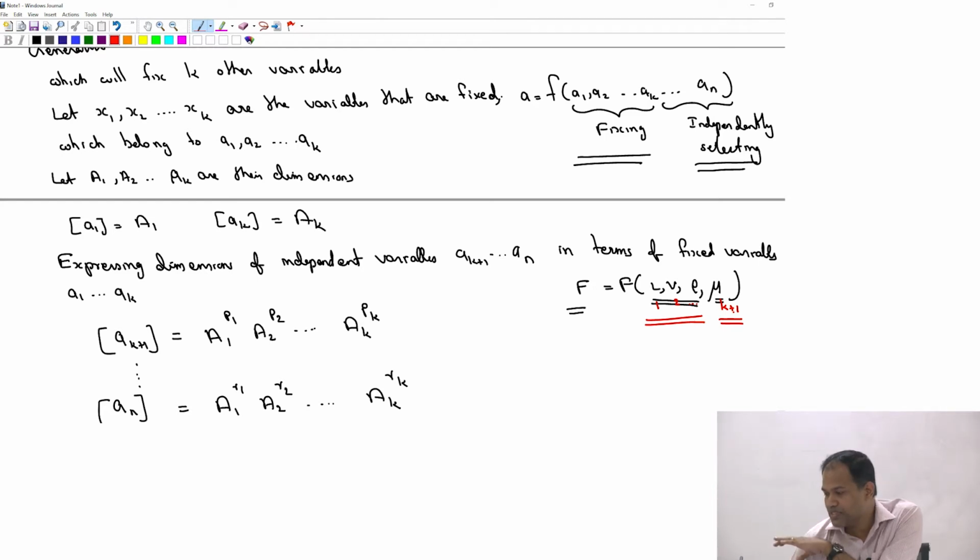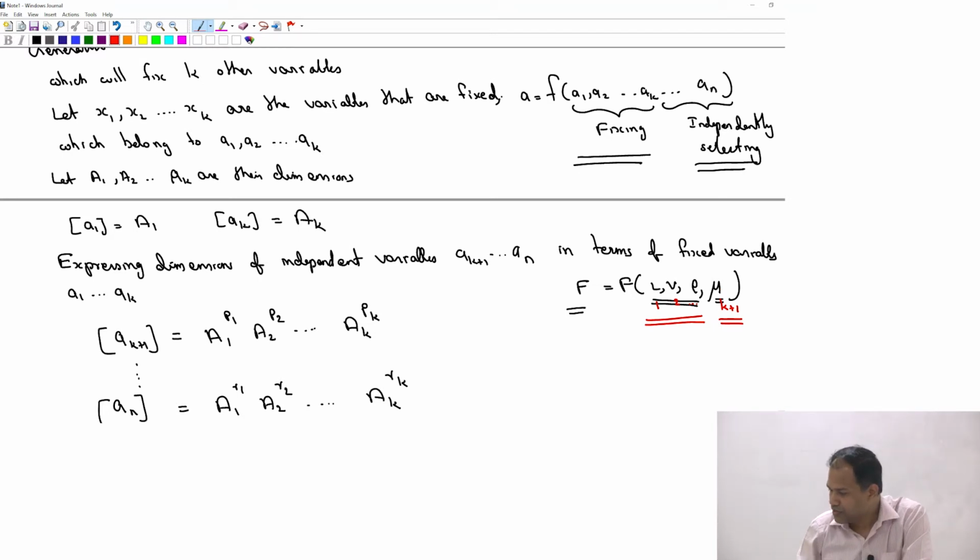Because I can represent the dimension of mu in terms of dimensions of L, V and rho, I can keep on doing that. I can add any other variable to this system and I will be able to represent its dimension in terms of dimensions of the first 3 variables I have chosen. So in this system I have taken k fundamental dimensions, and all the variables from k plus 1 onwards will be represented in terms of dimensions of the first k variables.